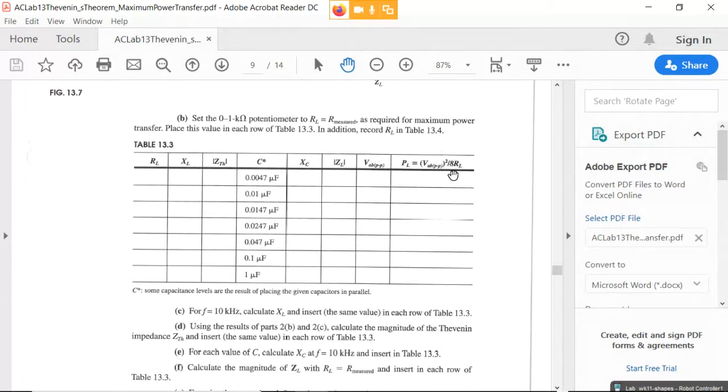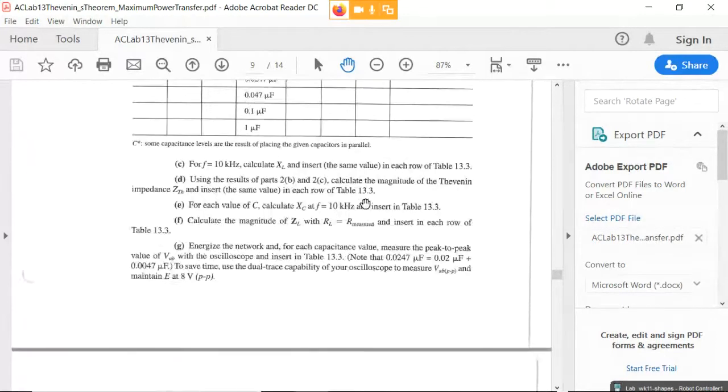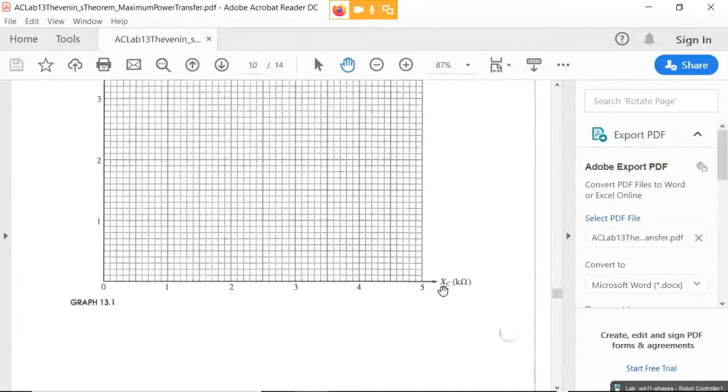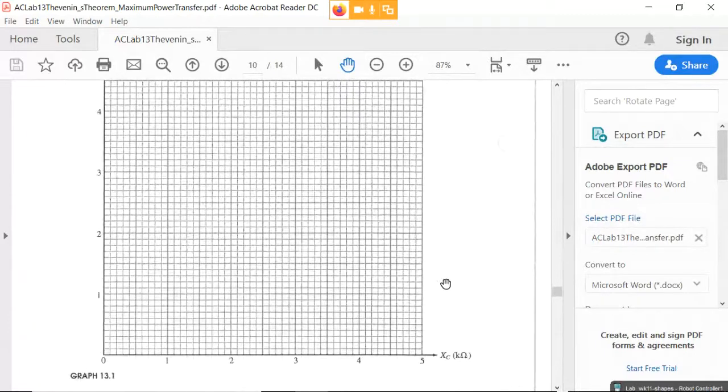And again, that 8 pops in because they're saying use the peak-to-peak voltage. Okay, so that's where that comes from. And then over here you're plotting power versus the capacitive reactance. All right.